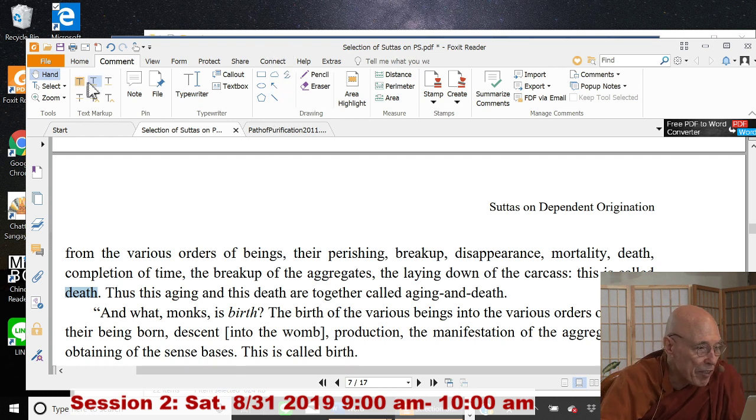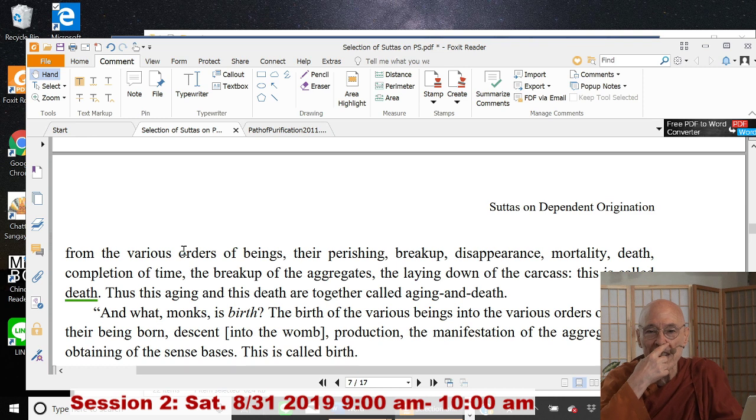And sometimes I've read some explanations of dependent origination by people who try to say that these terms, old age and death, should be taken as metaphors for changes in states of mind. So that old age is the decline of the mind moment and death is the vanishing of the mind moment.